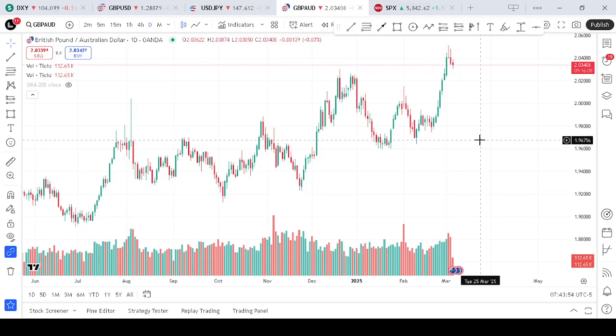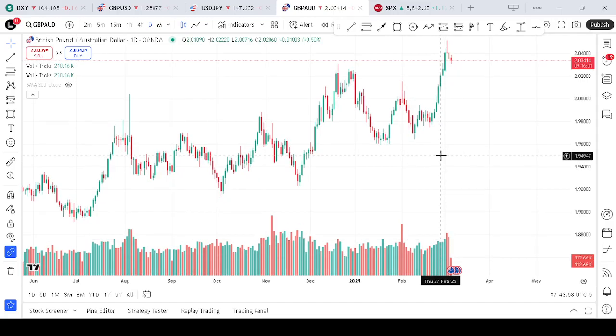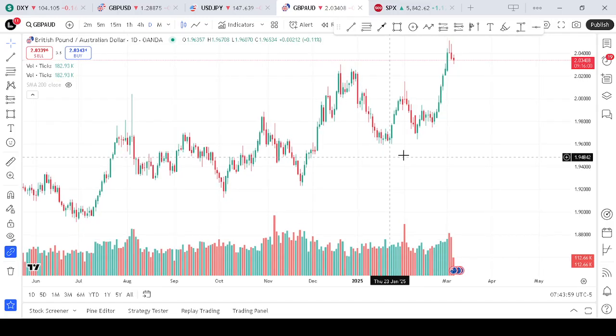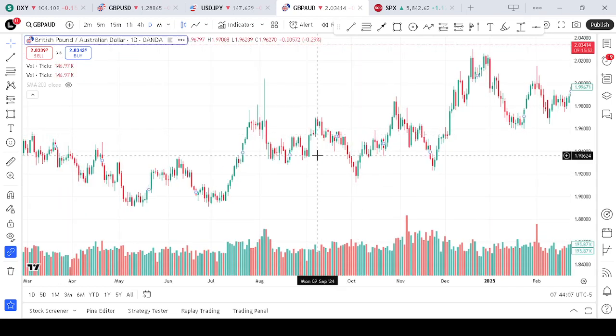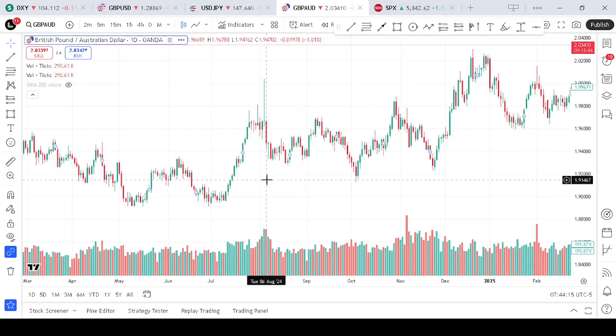Long-term Forex trading offers a distinct advantage over the short-term approach. By focusing on holding positions for extended periods, ranging from weeks to months or even years, traders can capitalize on specific market movements driven by fundamental factors.